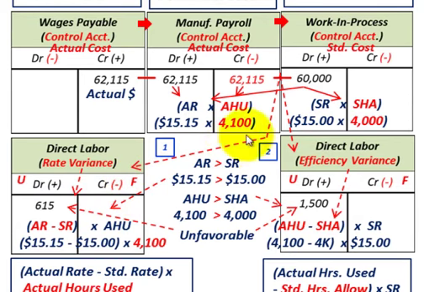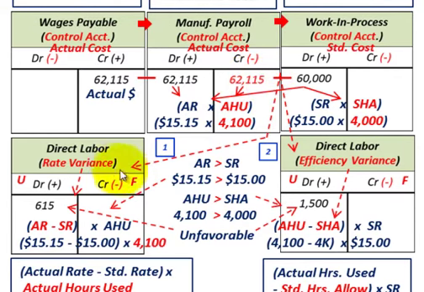But what you would have to know to determine the difference between any efficiency or rate variances, you would have to know one or the other. You know that you have the debit here, $60,000. You're going to need some associated debits in your variances between your rate variances and your efficiency variances of $2,115 to balance with your credit in your manufacturing payroll account of $62,115.